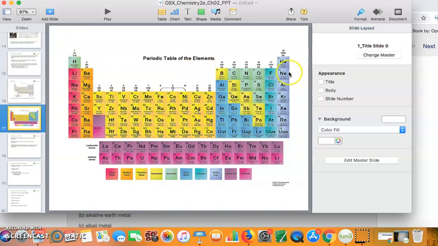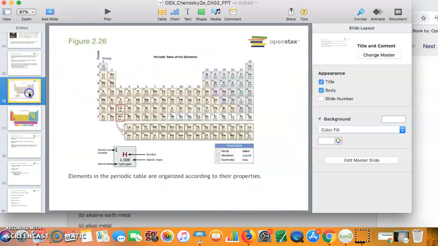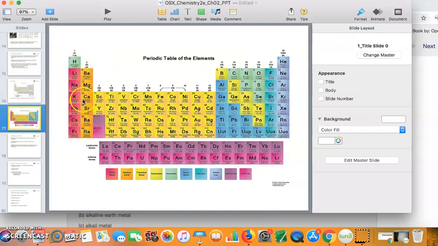But anyways, I wanted to show you the 2 different types of labeling when you talk about groups on the periodic table. This is important because most of the time when we're determining oxidation numbers, we're going to be talking about the representative elements, or the A-type elements.